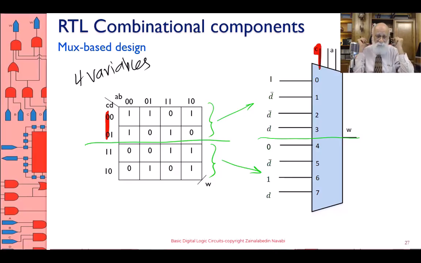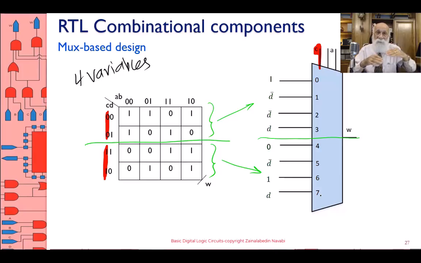If this happens, C is 0 and AB, whatever they are, that means 0, 0, 0, 1, 0, 1, 0, 0, 1, 1. That makes that upper map correspond to the upper part of the Karnaugh map. How about the lower part? Again, this is 1, and therefore C is 1, that means inputs 4, 5, 6, and 7.